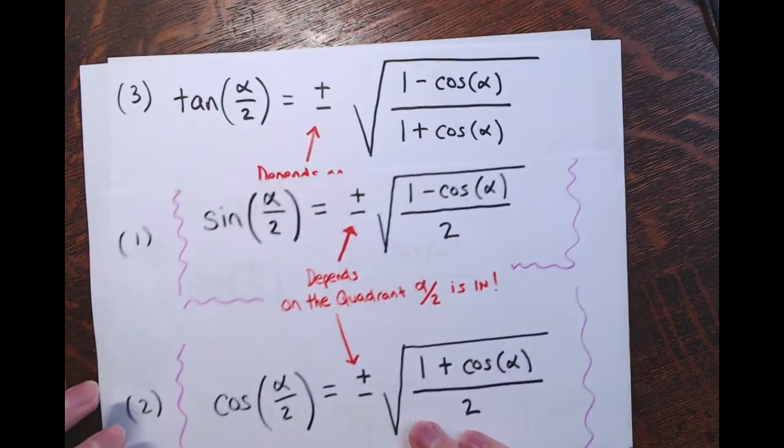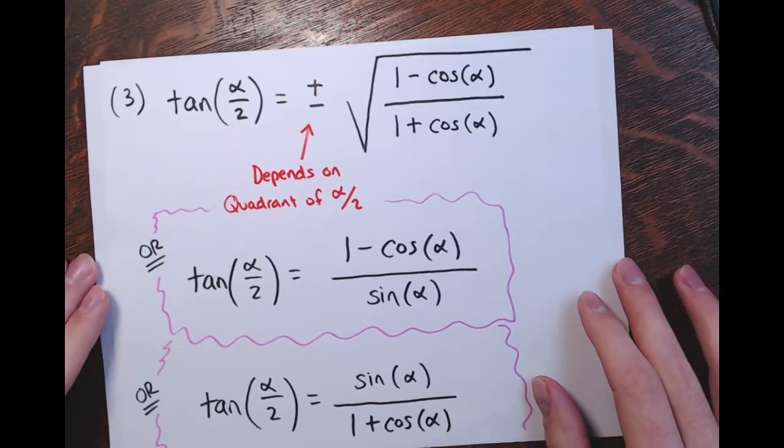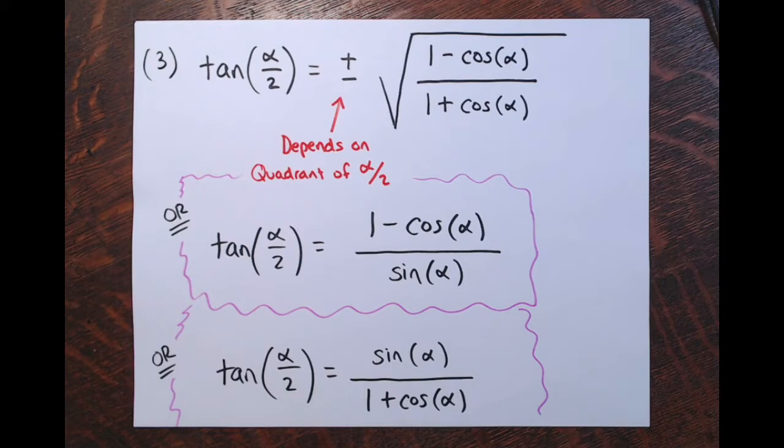Alright, and then you had your tangent. Now the tangent of half an angle, you saw this hopefully in the first video. There are 3 different versions that you could choose from that give you the same tangent of half an angle.